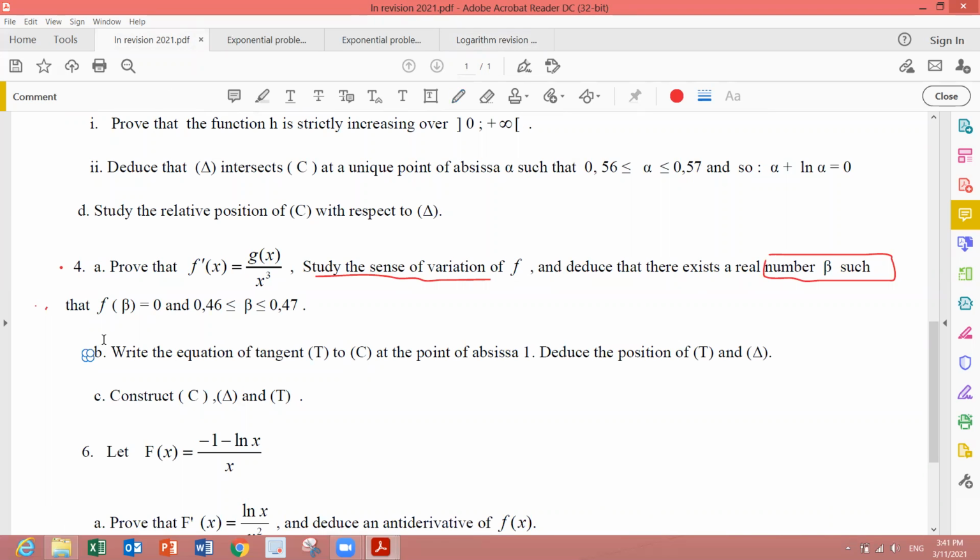Part B. Write the equation of the tangent T to C at the point with abscissa 1 and deduce the position between T and delta.